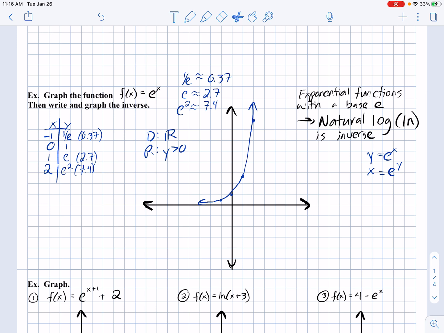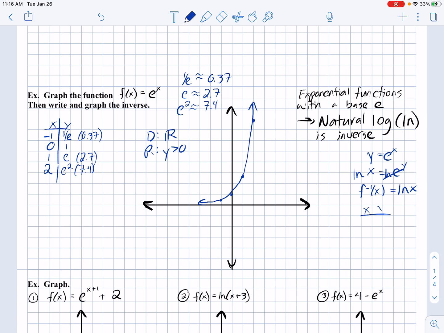We've talked about solving for your exponent last unit. However, now if you want to solve and we have a base e, you just write the natural log of e. Just like logs have a common base 10, natural logs have a common base e, and we get the natural log of e to eliminate, and we have f inverse of x equals the natural log of x.